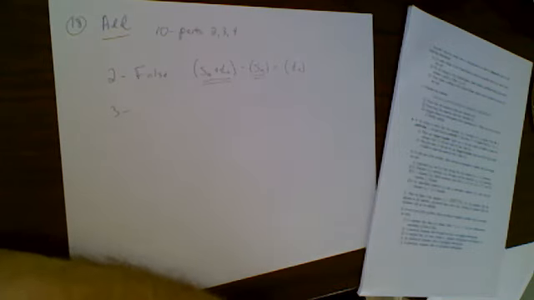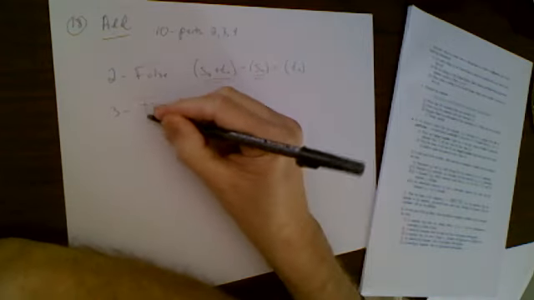For 3, a sequence that converges. Oh, sorry, I read that one properly. 3. A sequence converges where all the terms are non-zero and the sequence 1 over S sub n diverges. Well, it is true that that can happen.